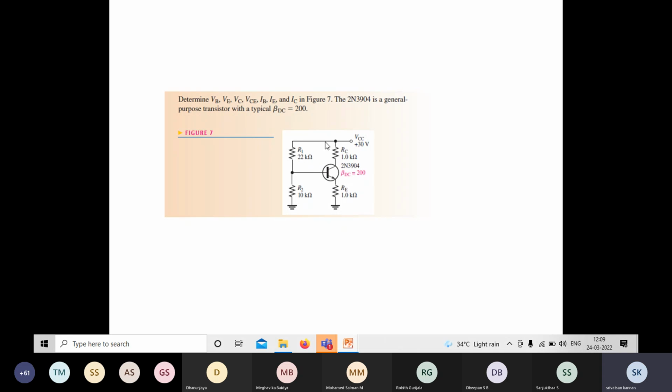You can assume the current direction based on the fact that current will flow from higher potential to lower potential. So based on that, you can assume the direction of current, right? Yes. That is the basic rule, higher potential to lower potential, and from this you can mark the current direction.